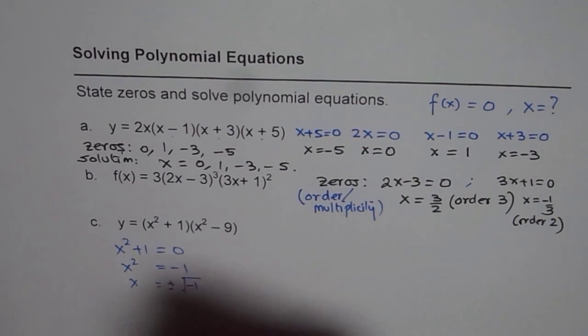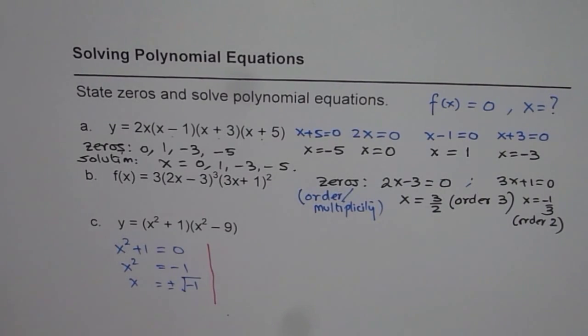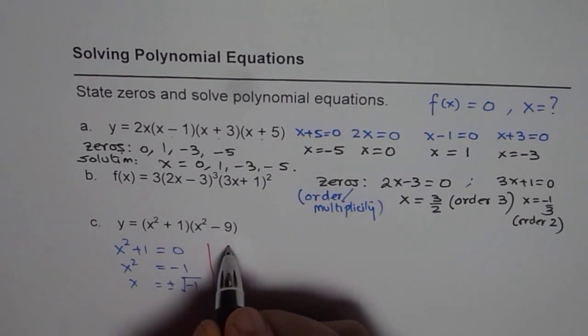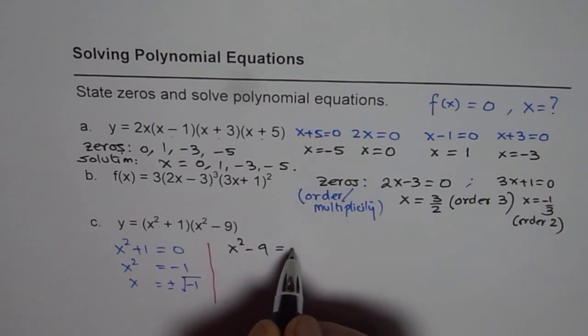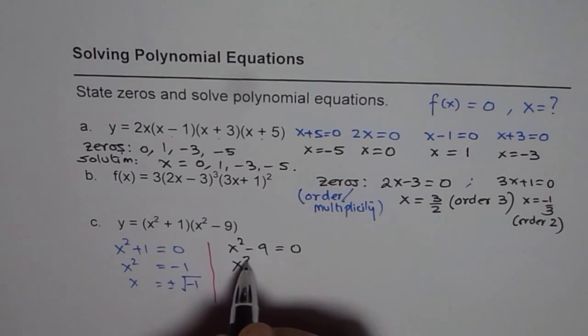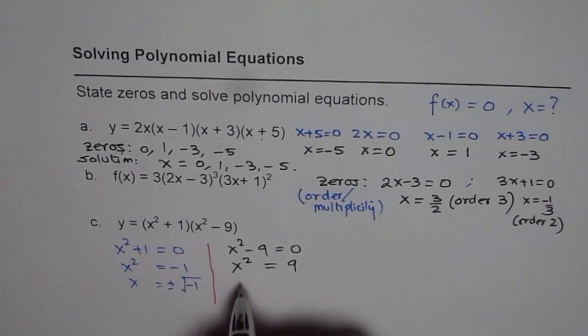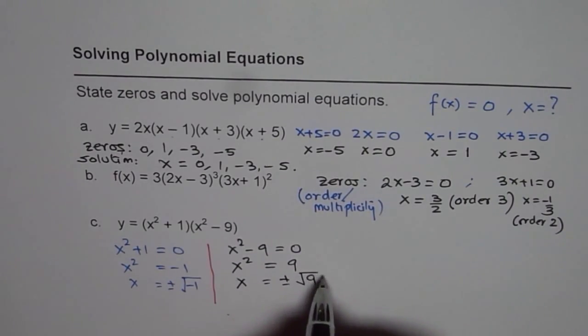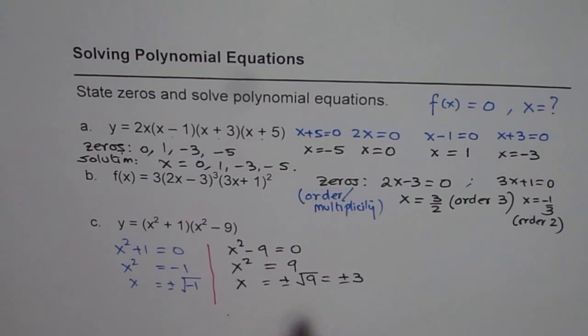Now let's look into the next factor, which is x squared minus 9. Equate x squared minus 9 to 0 and solve for x. x squared equals 9 and x equals plus or minus square root of 9, which is plus or minus 3.